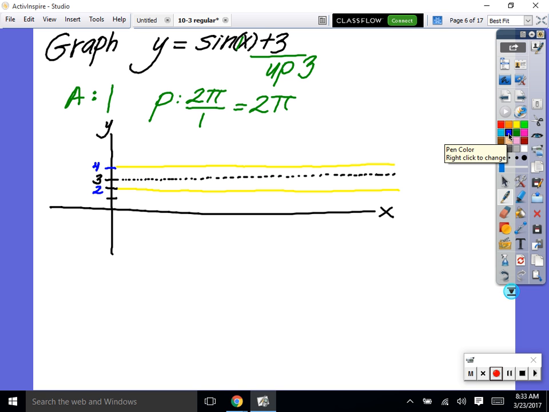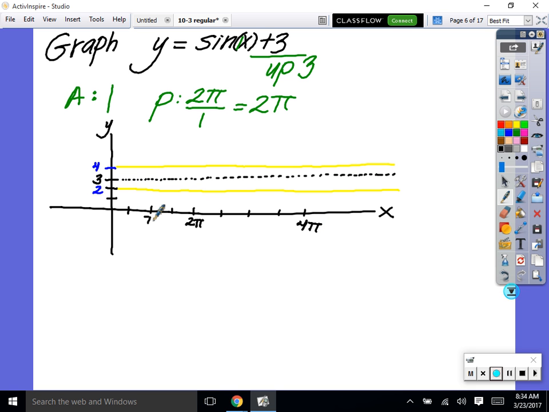And now, since that was our only shift, we'll label the x-axis. So we're still starting at 0 since there was no shift left or right. So we'll go over 1, 2, 3, 4 tick marks, and that puts me at 2 pi, right? Let's graph 2 cycles. Over 1, 2, 3, 4 puts me at 4 pi, filling in the x-axis. I like to fill it in on the original x-axis always.